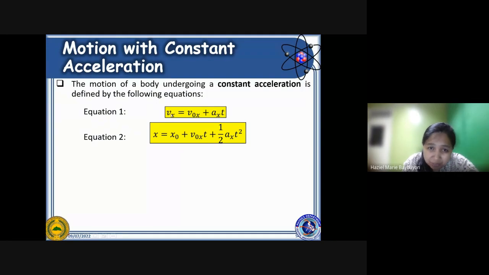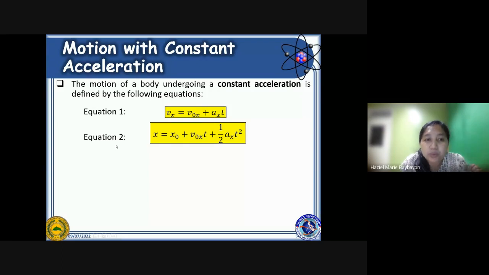So v sub x here is the final velocity. v naught x here is the initial velocity. And then you have here the acceleration along the x times time t. Now, kining mga subscripts nga x class, this denotes motion along the x. So kung motion along the y ni siya, we can replace this with y. Mga subscripts lang ni siya.